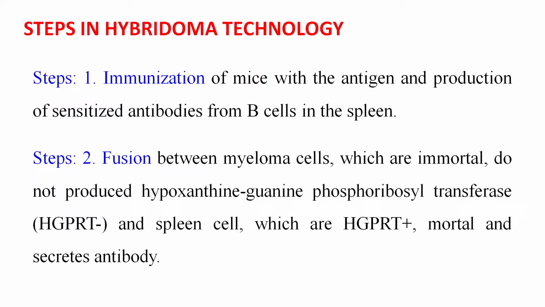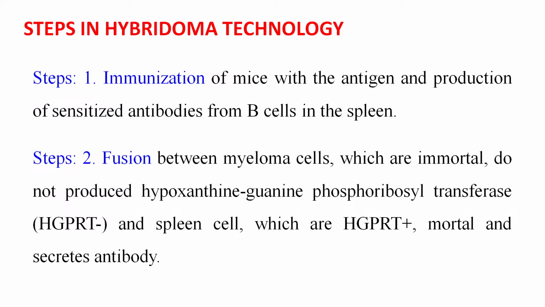This is hypoxanthine guanine phosphoribosyl transferase enzyme, HGPRT. H for hypoxanthine, G for guanine, P for phospho, R for ribosyl, T for transferase. So when I say that it is HGPRT minus, it means that particular myeloma cell line cannot produce this enzyme.